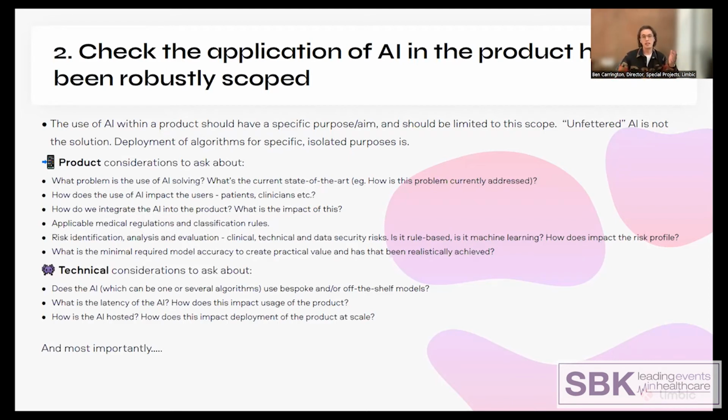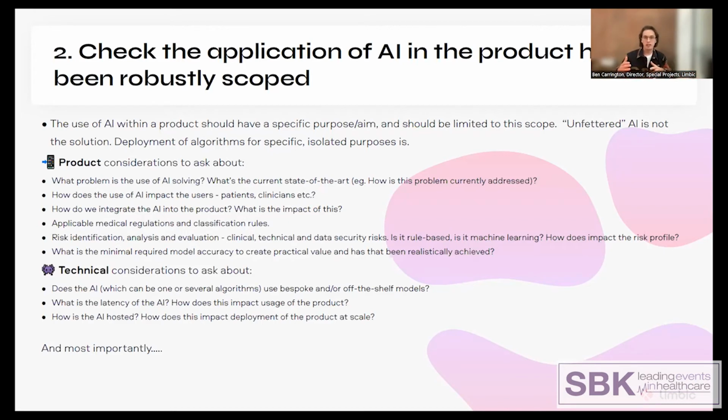And ultimately, better risk identification leads to better risk management, which leads to better safety and having a safer product. So it's really important that the scope is well defined and appropriate. And I guess a quick note to say that also, depending on the scope of the AI, medical device classification starts to come into play here.